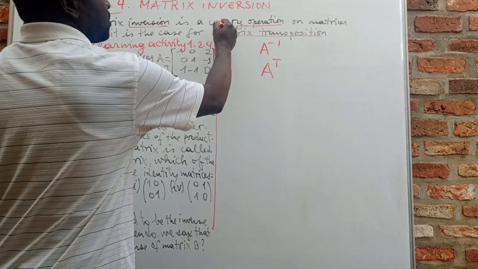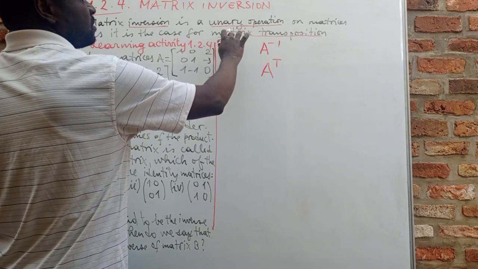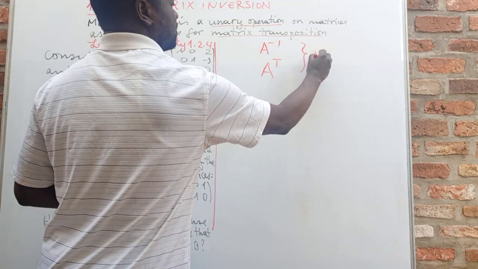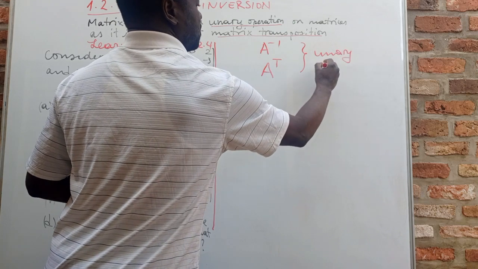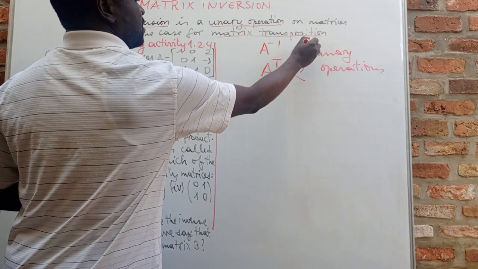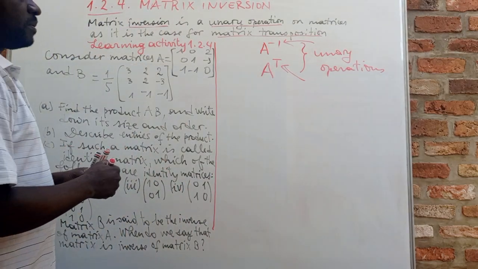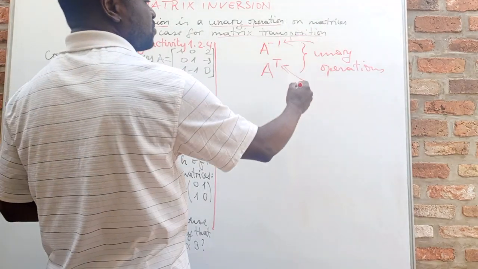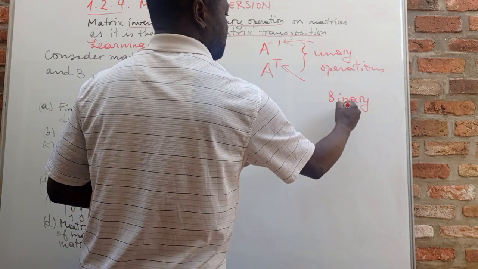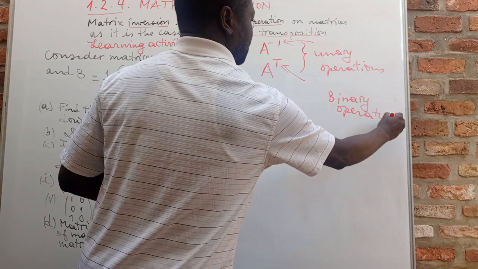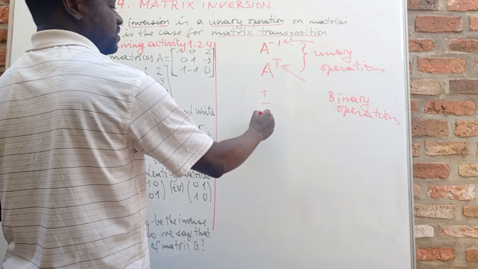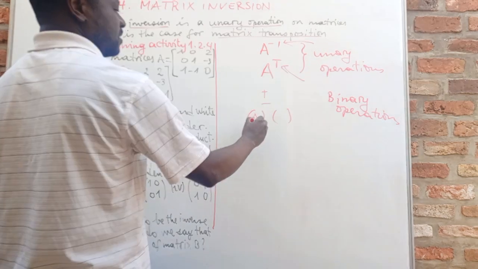as opposed to binary operations. So either transpose or inversion is a unary operation, as opposed to binary operations like addition, subtraction, multiplication. We have one matrix here, another matrix here.